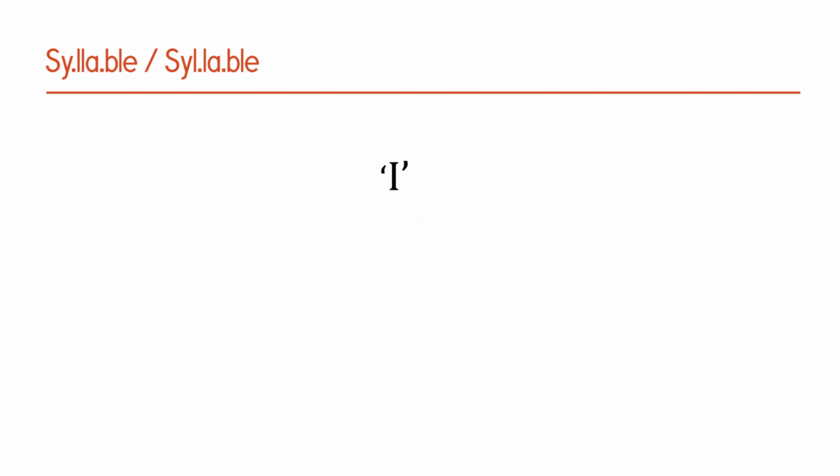So if you look at the word I, like I am, you are, like I, that's one syllable because it has one vowel. It's a diphthong. So it just consists of a vowel. So this is a syllable structure. It's just a vowel, right?